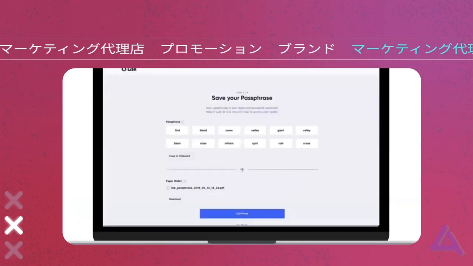For example, I saw a UX study they did on the Lisk wallet back in, I think, 2018. This was the process for creating a new wallet. The first thing the user did was, oh yes, you see these white rectangles? They thought they were buttons and they were clicking them. Of course, they weren't buttons. You just have to write the entire passphrase.